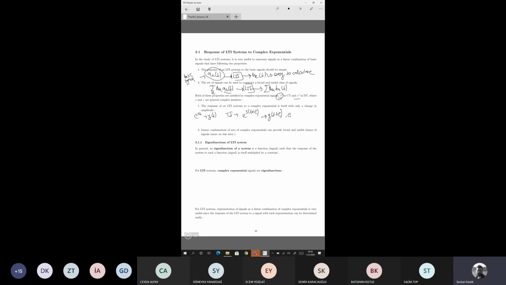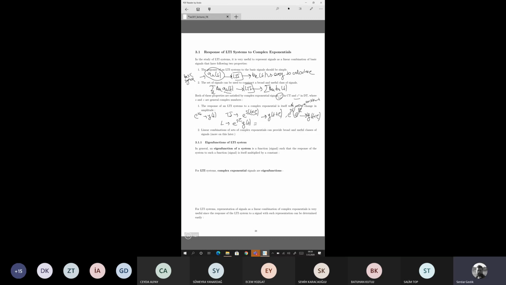So I know that e^{st} times e^{s\tau}, where I can separate this term, gives at the output y(t+\tau). This is due to time invariance. What about linearity? Due to linearity, I know that e^{s\tau} and y(t) are related as follows. Note that the variable is t, so e^{s\tau} is a constant.